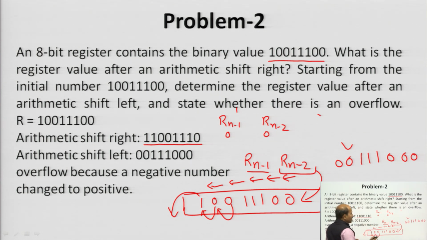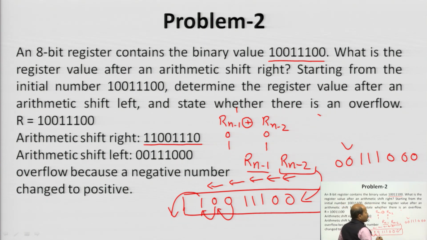How will we check this sign reversal or overflow condition? If both the bits are same, either 0 0 or 1 1, then we can say that there is no overflow, and for this overflow condition check, we perform Rn minus 1 XOR operation with Rn minus 2.